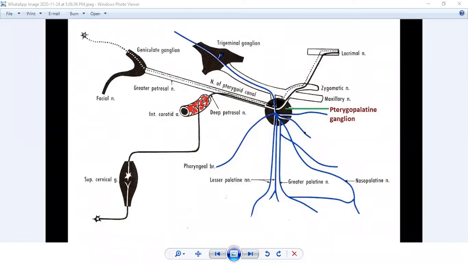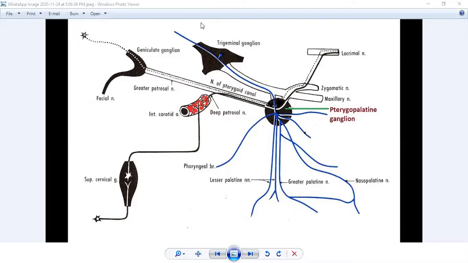Because the facial nerve is a cranial nerve, right? The infraorbital nerve, I'm not really sure. It has nothing to do with the facial nerve. Infraorbital nerve is part of the trigeminal nerve.